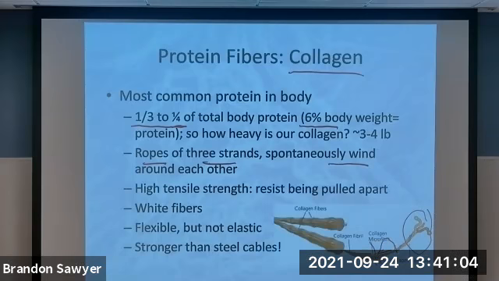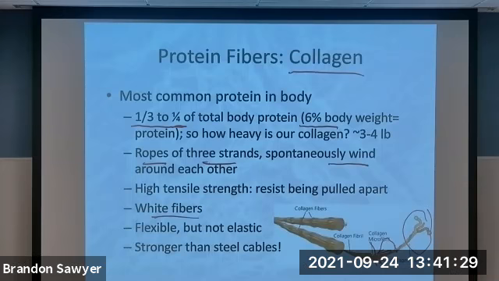It has extremely high tensile strength. What that means is if we pulled it from end to end, it's very hard to break that way. We can get into some trouble if we get a force coming across, but just pulling straight from end to end, it's very, very strong. These are called the white fibers because they look white under microscopes.